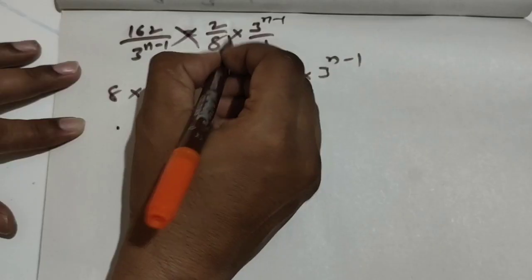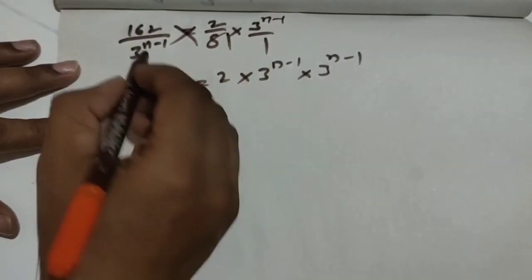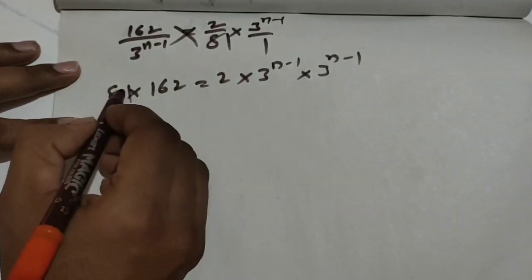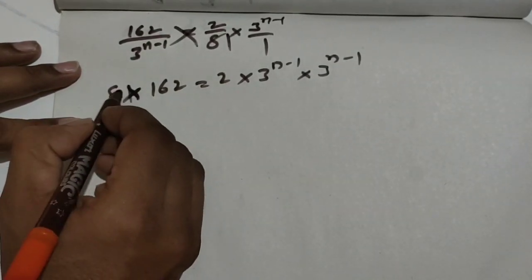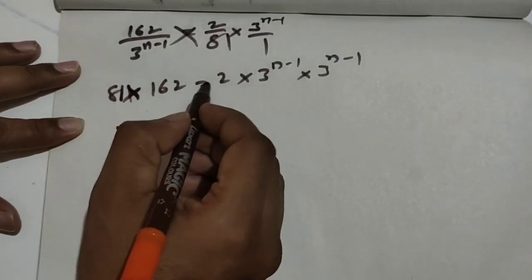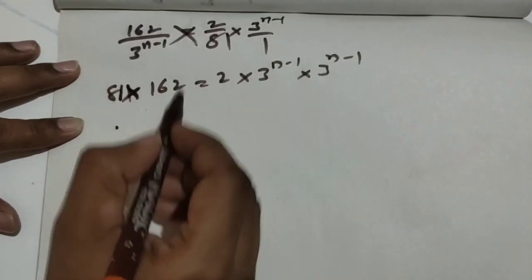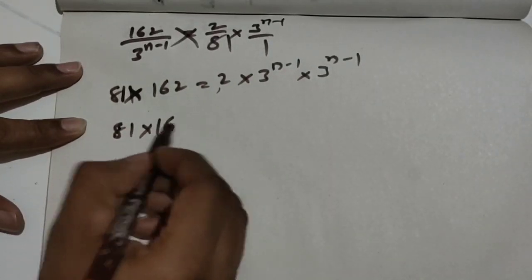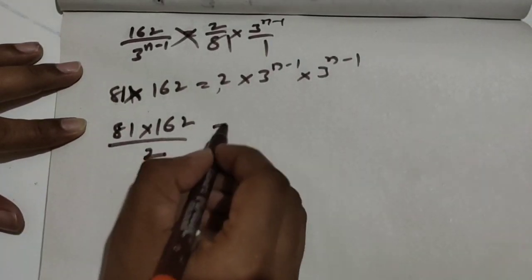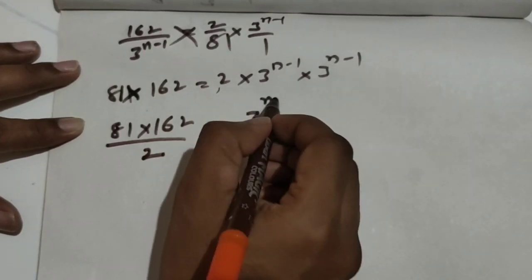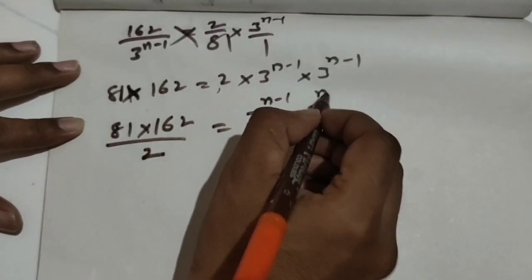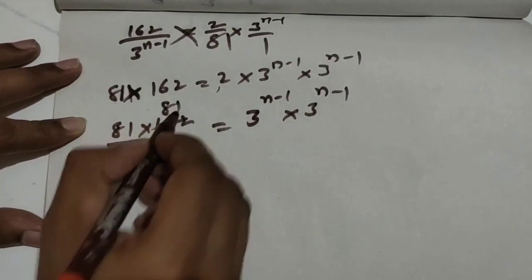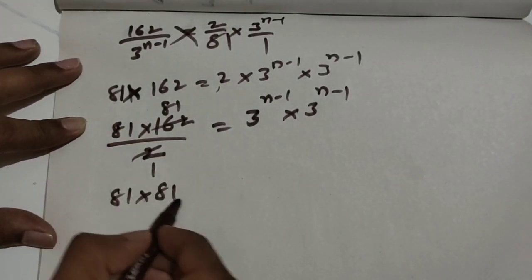On cross multiplication, 81 into 162 is equal to 2 into 3 power n minus 1 into 3 power n minus 1. Now take this 2 to the left side: 81 into 162 by 2 is equal to 3 power n minus 1 into 3 to the power of n minus 1. So cancel it, 2 1s are 2, 2 8s are 16, we get 81 into 81.